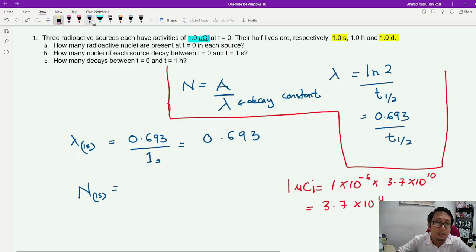So now 1 microcurie is equal to 3.7 times 10 power of 4, and this is A.